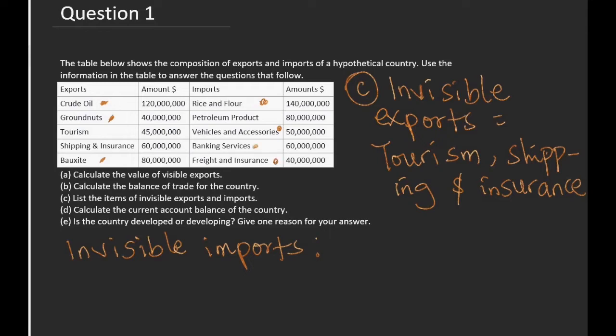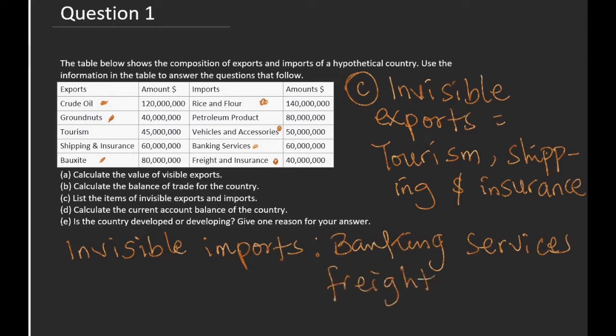So we have the banking services, the freight, and insurance.